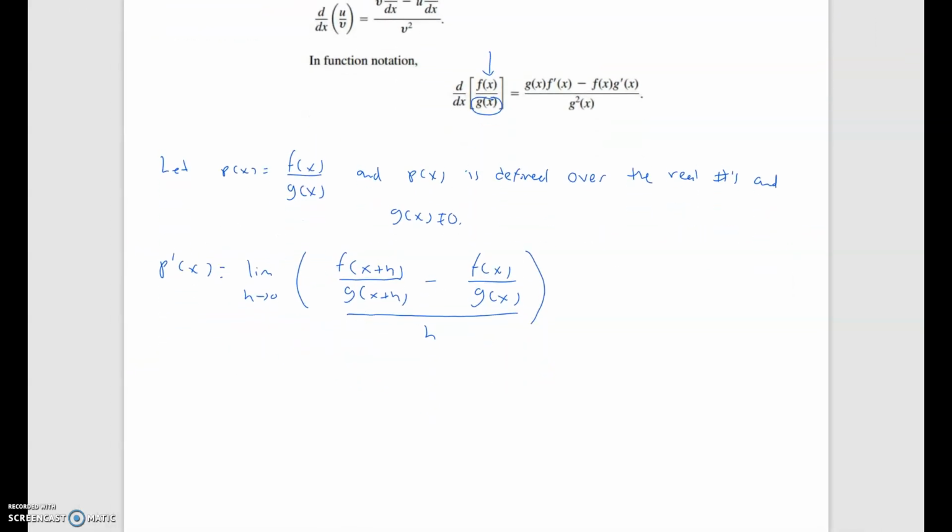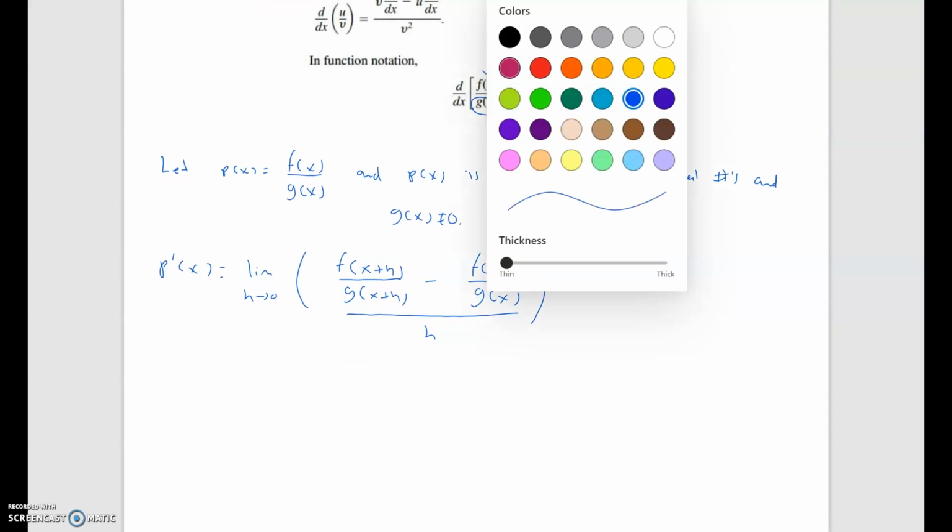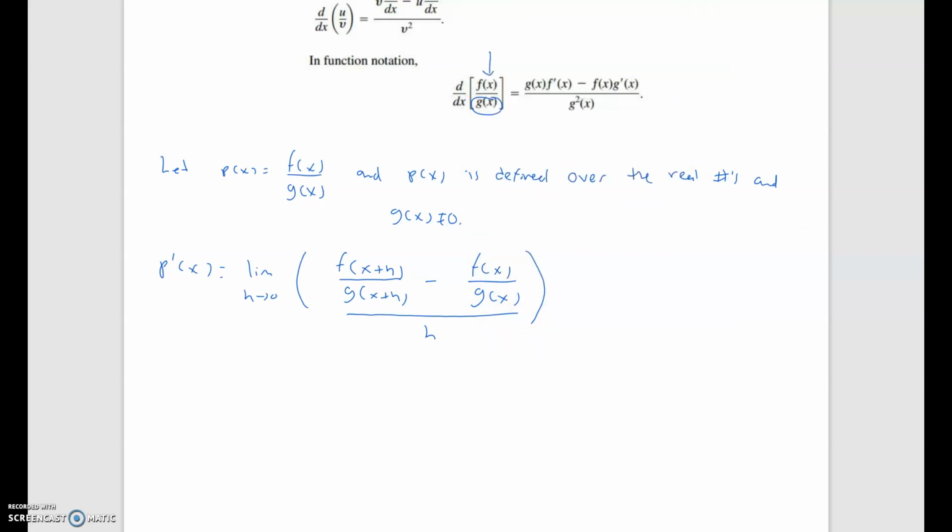Now, the next step in the process is to simplify our function. In this case, I'm going to use an LCD. Your LCD is the two values in the denominator, so this will be g of x plus h and g of x.